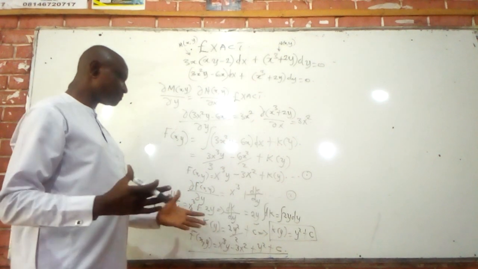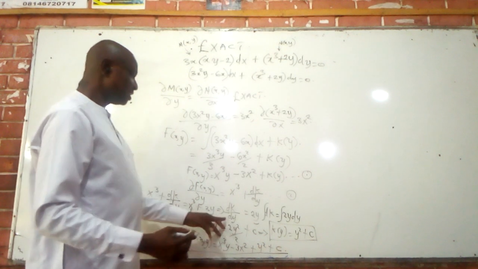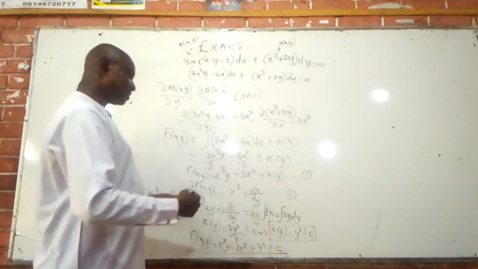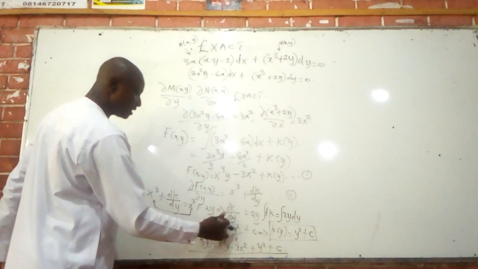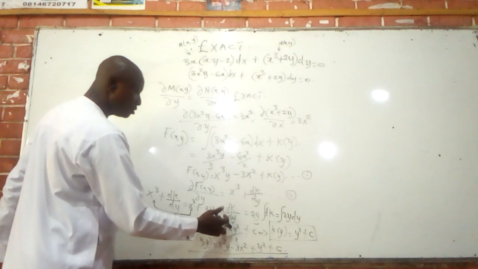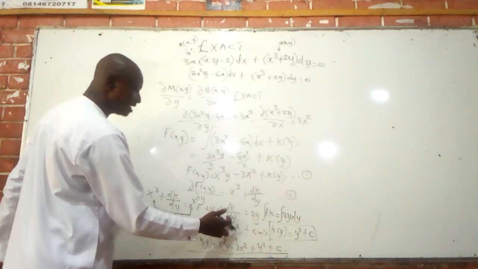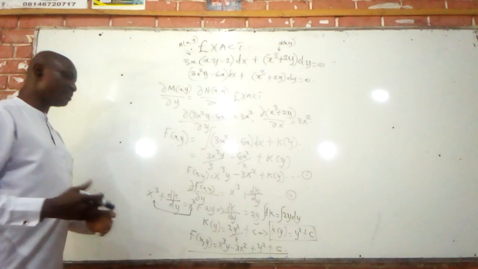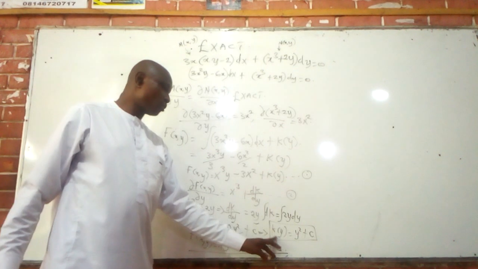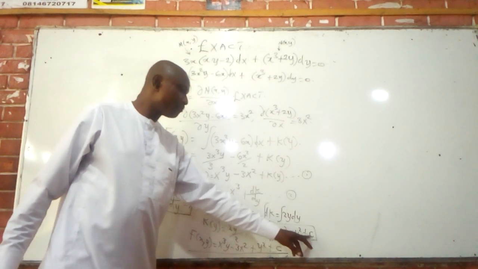Integrate both sides, taking the separation of variables technique into play: dk = 2y dy. The integral of both sides gives the value for the constant k, function of y, which is now y² + c.